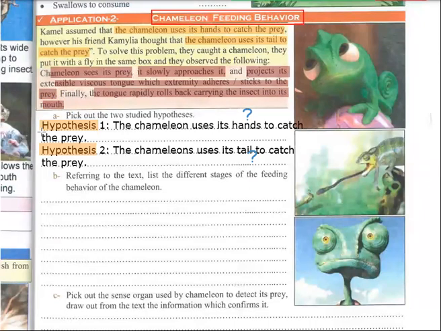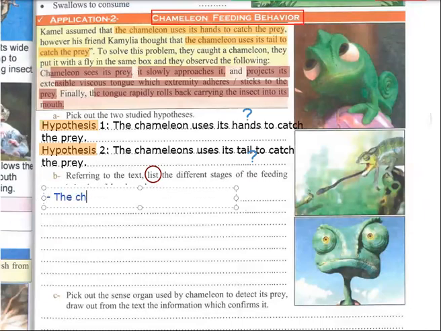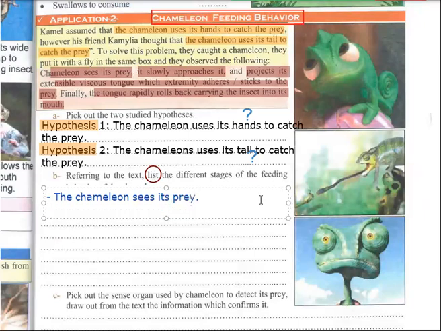Okay? We're going to list. List means we put them under each other. We're going to list the feeding behavior stages of the chameleon. Let's start with the first one. Okay, the first one, we put the name of the animal we're talking about: the chameleon sees its prey. Second, what does it do? It slowly approaches it.